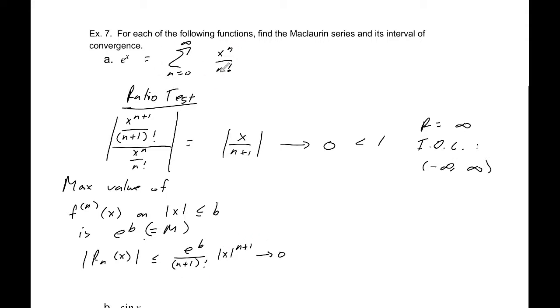Because this series converges everywhere, for any value of x, then we know that this sequence must go to 0 from the divergence test. Therefore, e to the x is equal to that series, and that is true for all x.